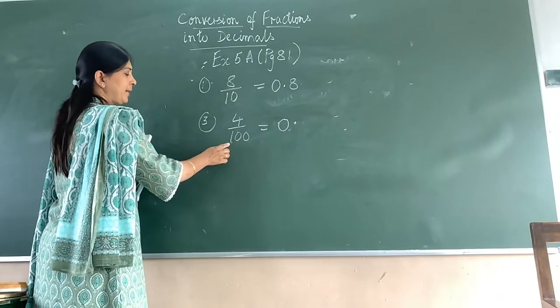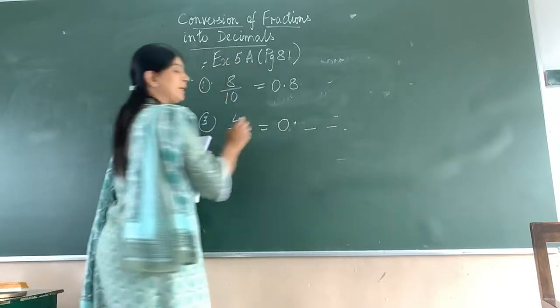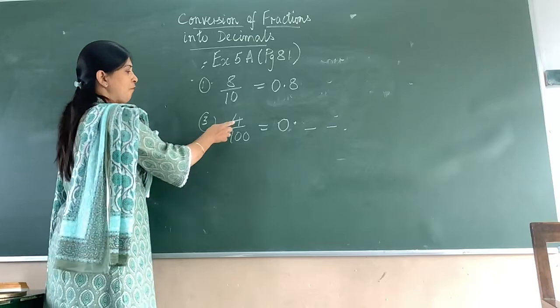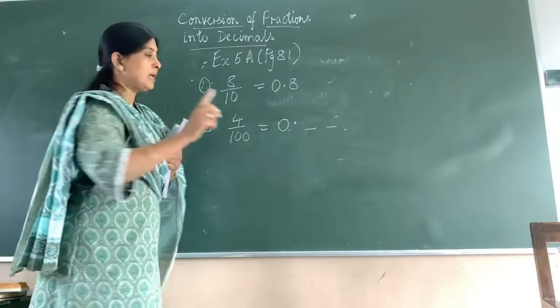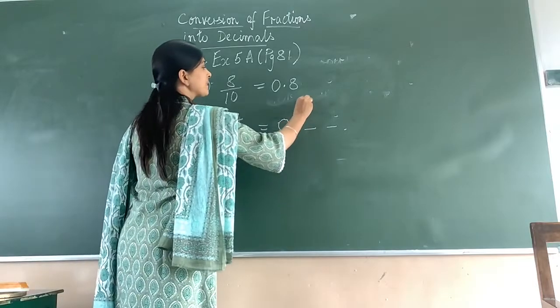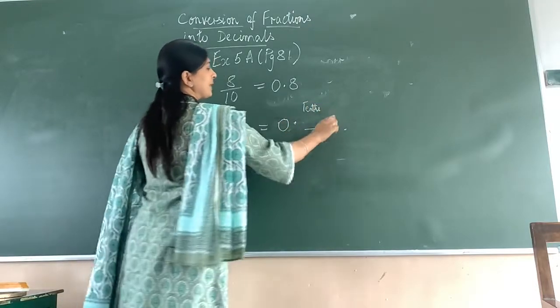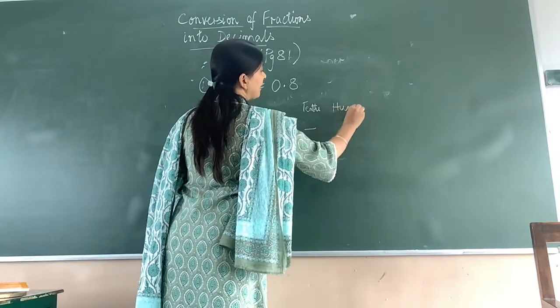The denominator contains 1 and 2 zeros. That means there will be 2 digits after decimal point. Now, 4 hundredths. Now, see the places. The first place after decimal point is tenths. The second place after decimal point is hundredths.